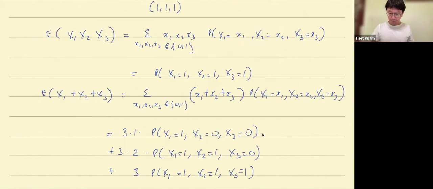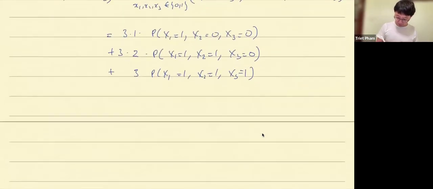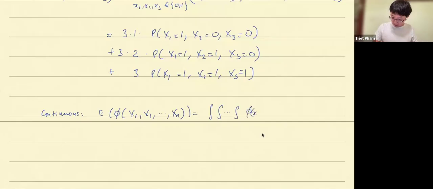All right. So that's the discrete case. For a continuous case, it's the same, but it will be the integral against the joint density.